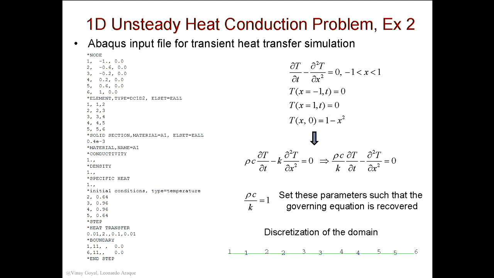I can basically write it in this manner, right? Since rho c over k is 1 in our example, I think, I haven't tried this, but if you try any combination of conductivity, density, and specific heat that gives you a rho c over k of 1, it doesn't matter how you select it, you should be able to use Abaqus to solve your problem.